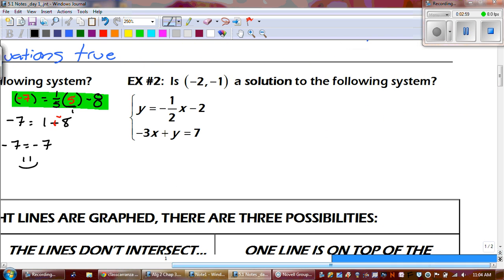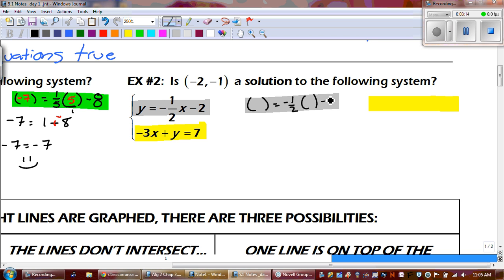All right, so number 2, we're doing the exact same thing. We have our two equations. Make a little spot to do both of the problems. So now we're plugging in y is negative 1 and x is negative 2.